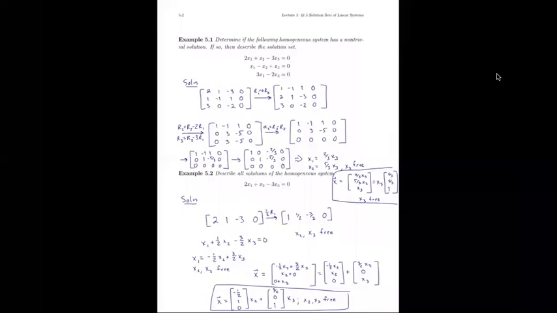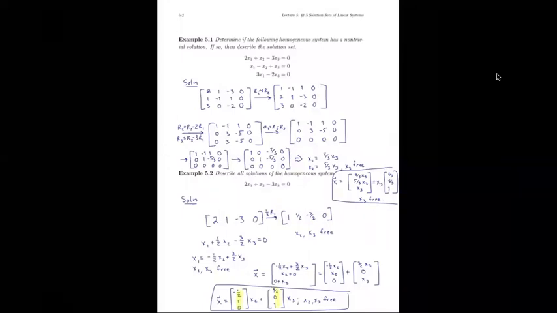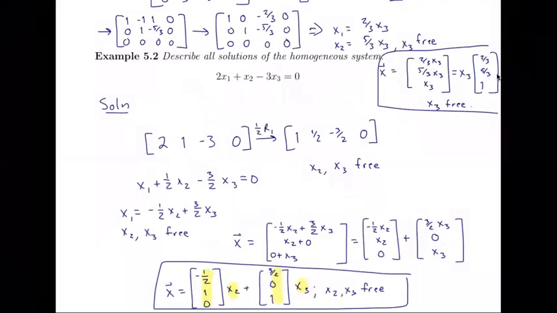Down here, we've got two variables. And just like I'd stated in a previous video, we have two vectors making up our solution. And we can add any amount of either one of those vectors by modulating x2 and x3. Well, if we have two vectors, imagine two pencils or two toothpicks stuck together at one end. It doesn't matter what angle you form between them or which way you orient them.